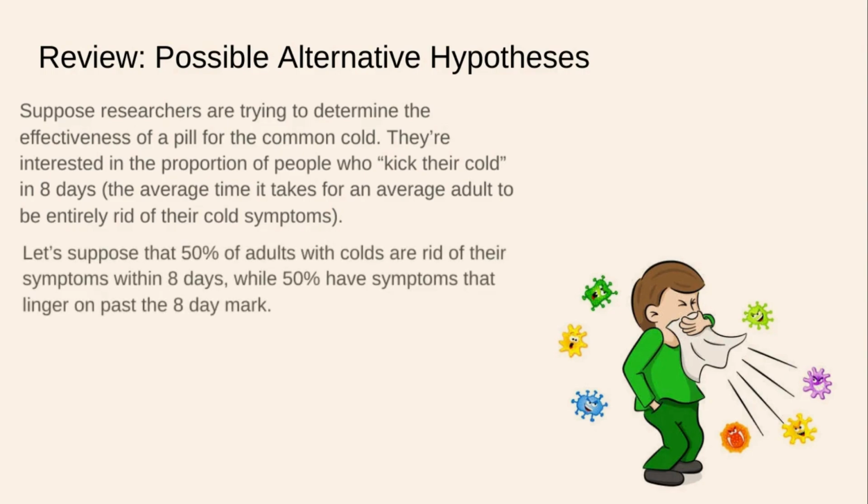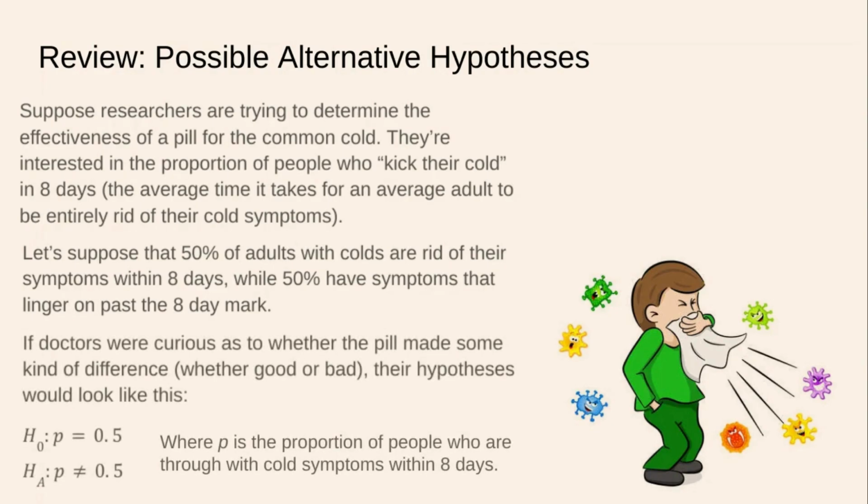So let's suppose that 50% of adults with colds are rid of their symptoms within 8 days, while 50% have symptoms that linger on past that 8-day threshold. If doctors were curious as to whether the pill made some kind of difference, whether good or bad, their hypotheses would look like this. Null hypothesis P equals 0.5 and alternative hypothesis P is not equal to 0.5.